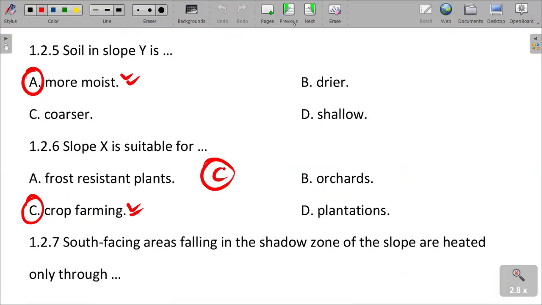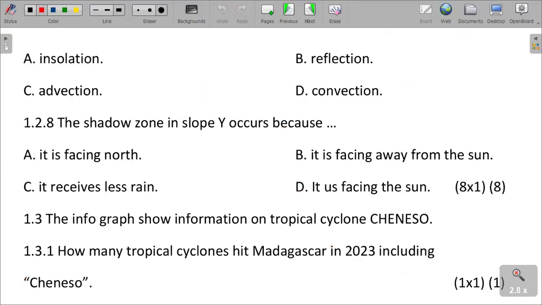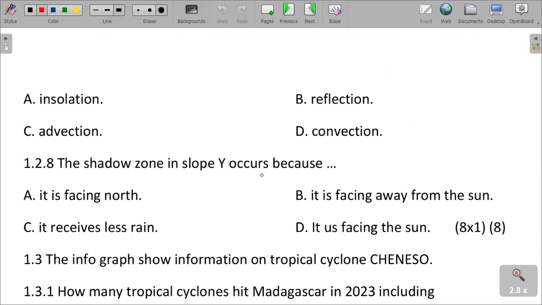Again, in south facing slopes, the areas falling in the shadow zone of the slope are heated only through what? We are saying that they are heated only through reflection.